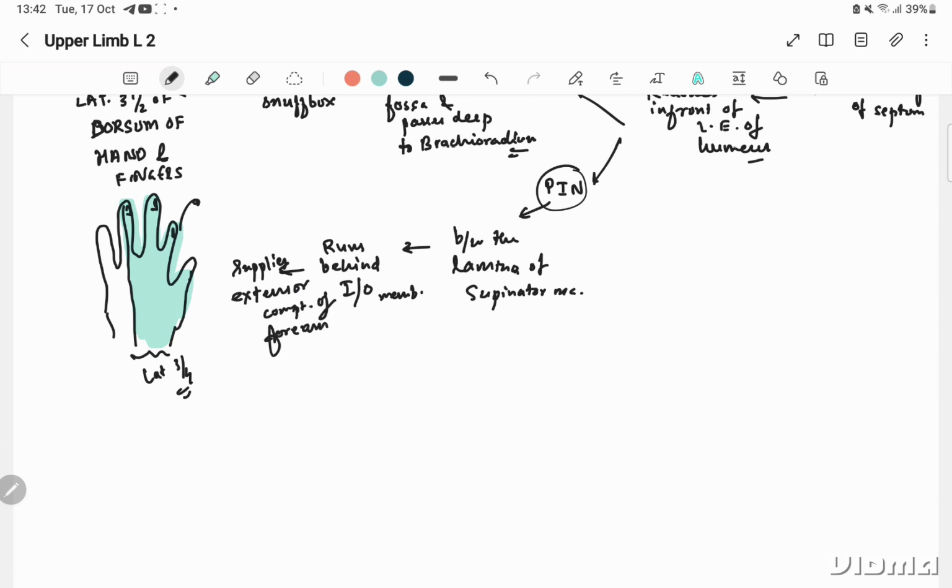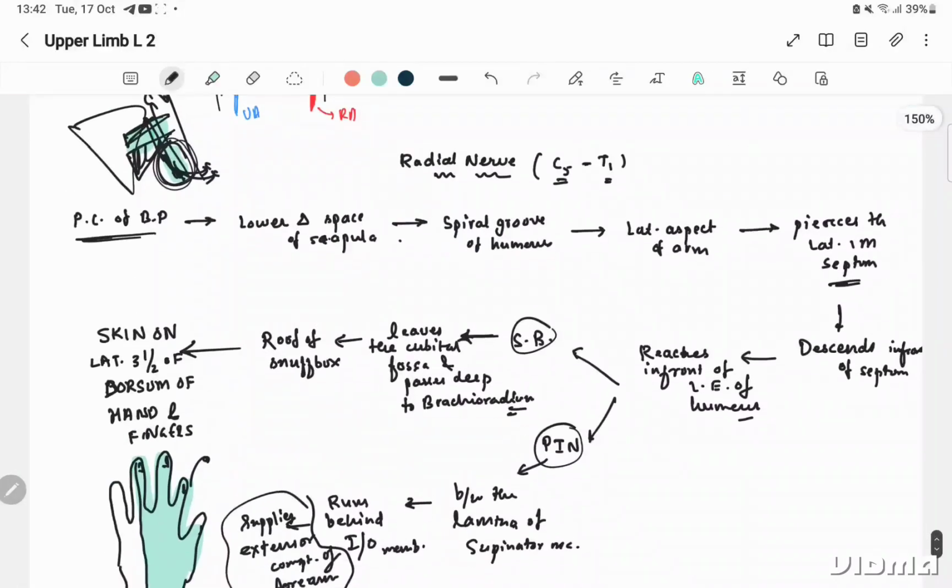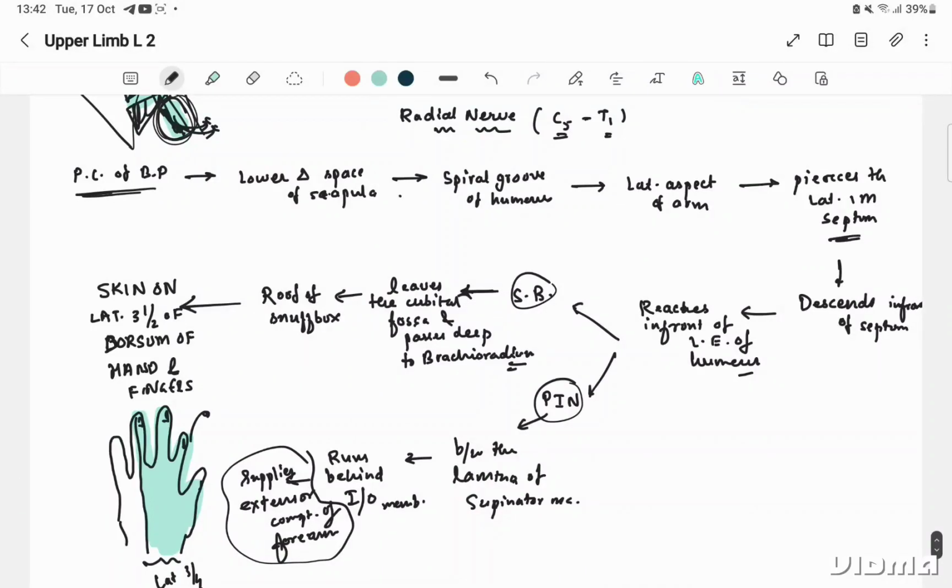All the muscles present in the extensor compartment, it supplies them. So this is the whole course of the big nerve, that is the radial nerve.